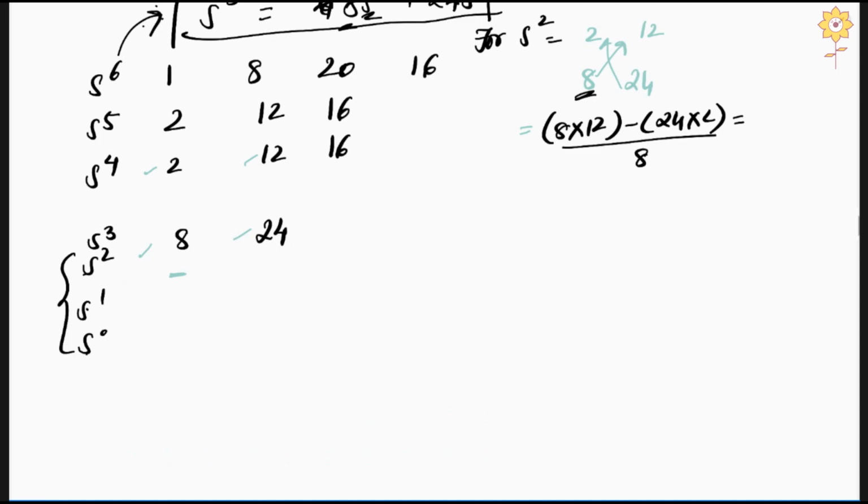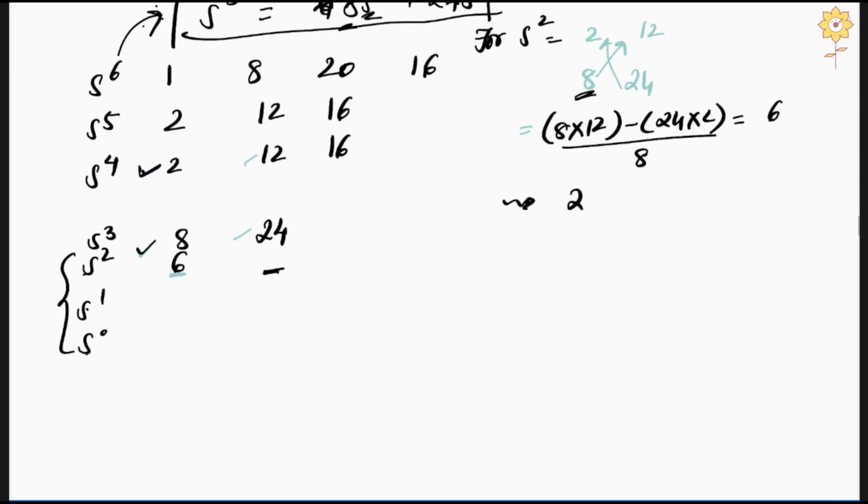I think you should get the value as 6. Then after this you can write the value as 6 over here. Then let us move ahead and calculate for this position. So, again you will be using 2 and 8.